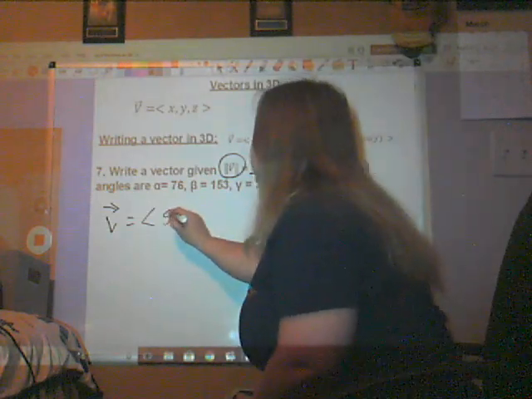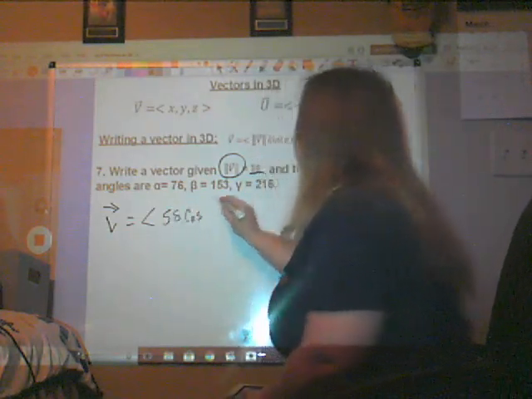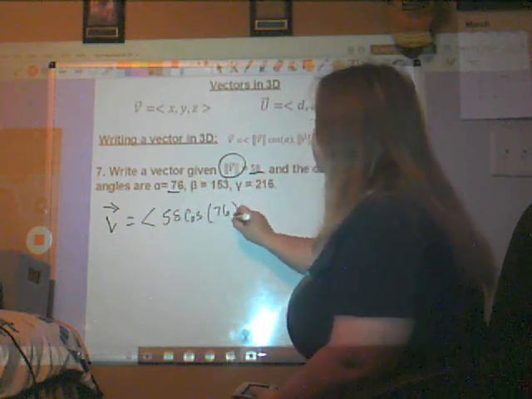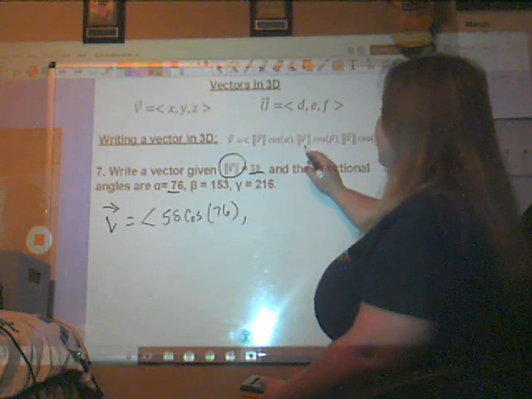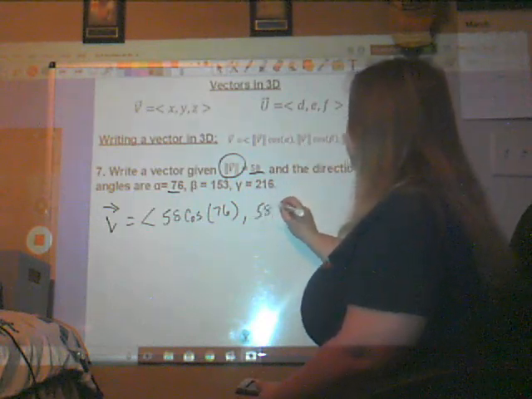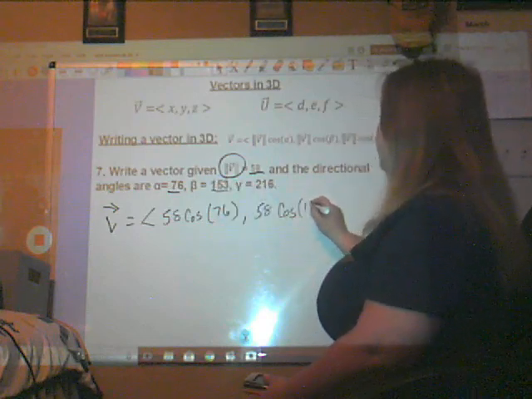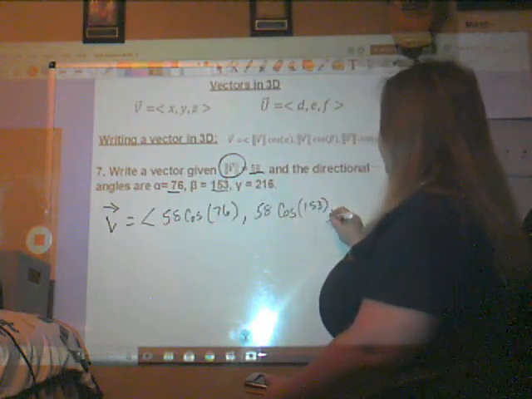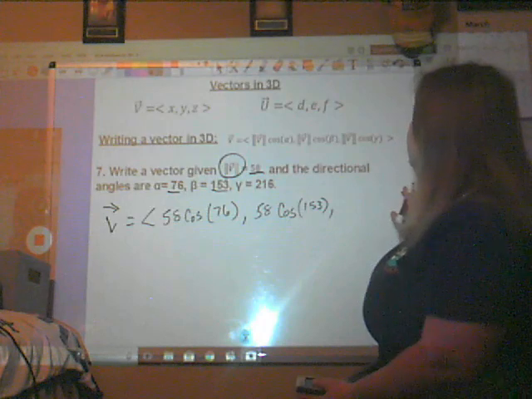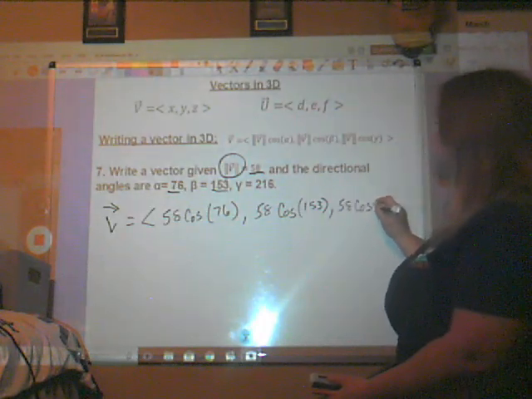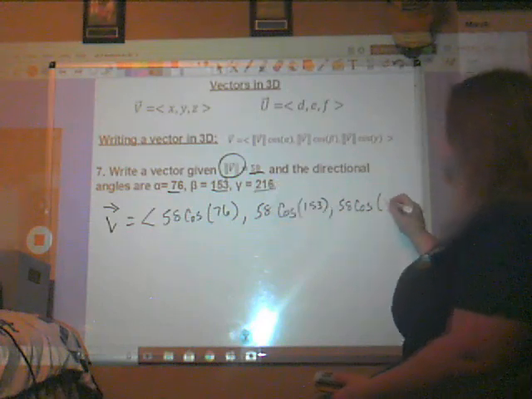So 58 times the cosine of alpha, which is 76, comma, the magnitude of v, which is 58, times the cosine of beta, which is 153. Then our last one is the magnitude of v, which is 58, times the cosine of gamma, which is 216.